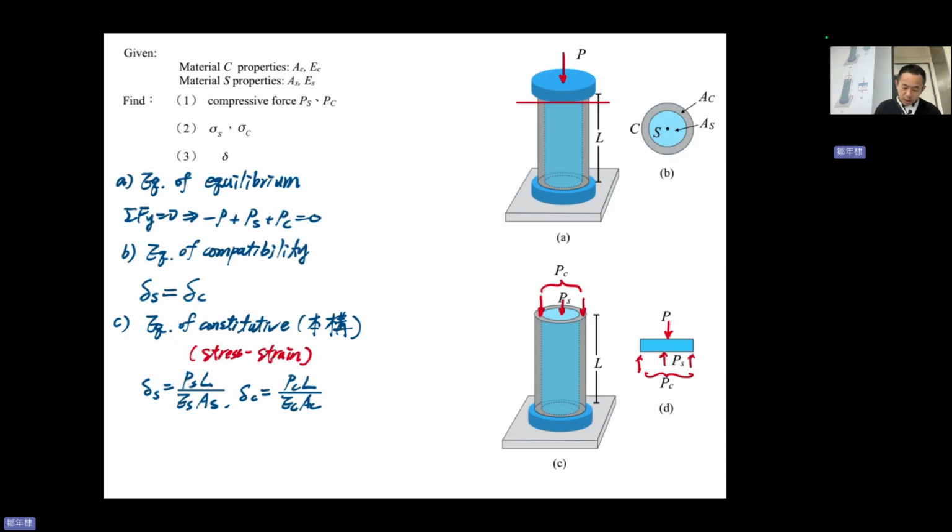Constitutive equation. So now we have equation 1, equation 2, equation 3, and from 2 and 3, you can have PSL divided by ESAS equal to PCL divided by ECAC.